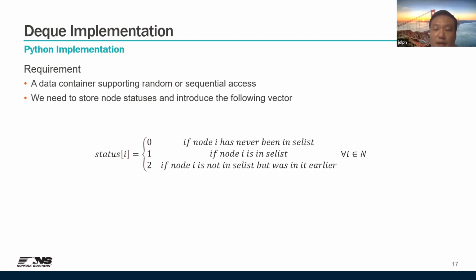But from the example in the FIFO implementation, we know that it will trigger another linear time search. So it could be a bottleneck if we run our implementation on a larger scale network. So we borrow the same idea from the FIFO implementation. We introduce the new status array with one additional status 2 to indicate the node is not in the current scan eligible list, but it was there before.